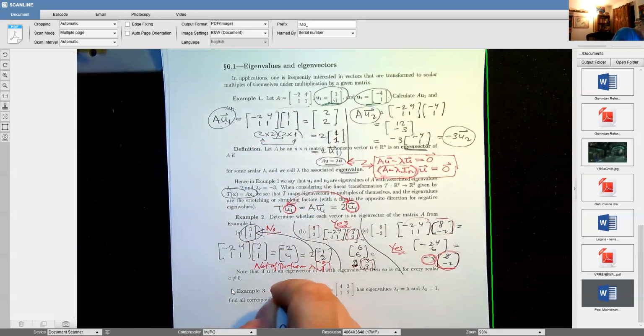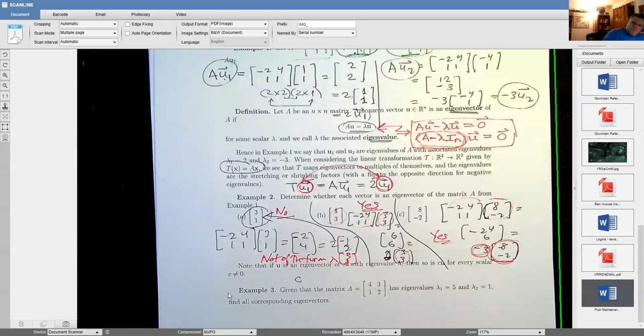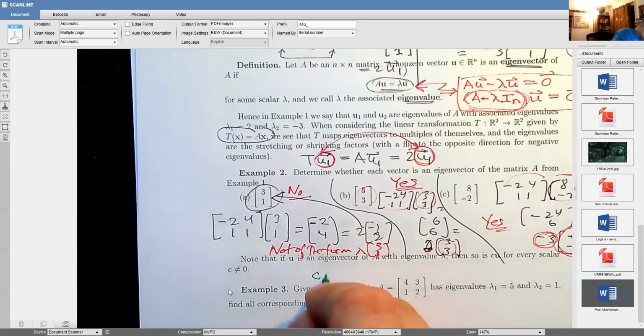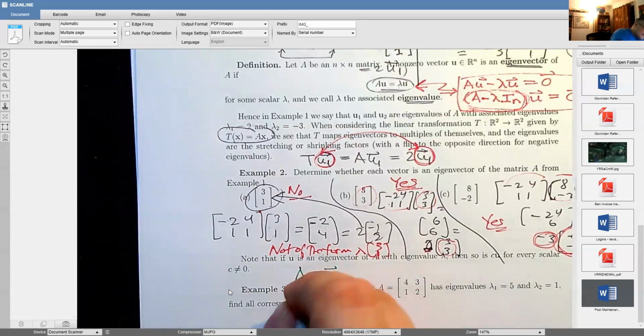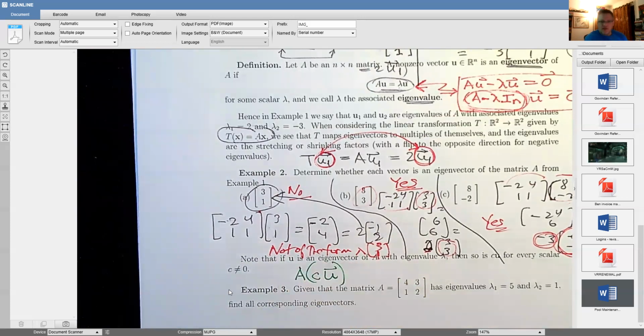So let's let c be a scalar, right? c is a non-zero scalar. And I'm going to multiply that by an eigenvector, right? So I'm going to assume that u is an eigenvector for A. And my question is, if u is an eigenvector of A, must cu be an eigenvector of A?